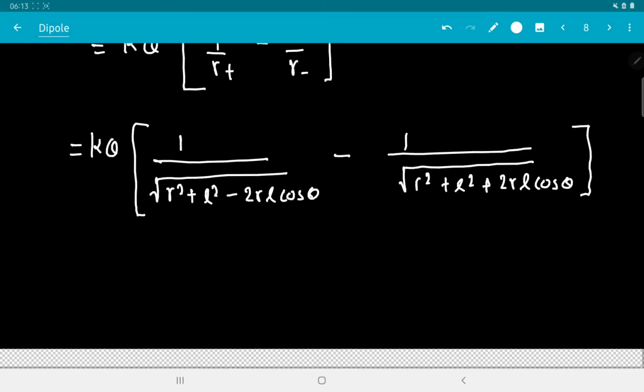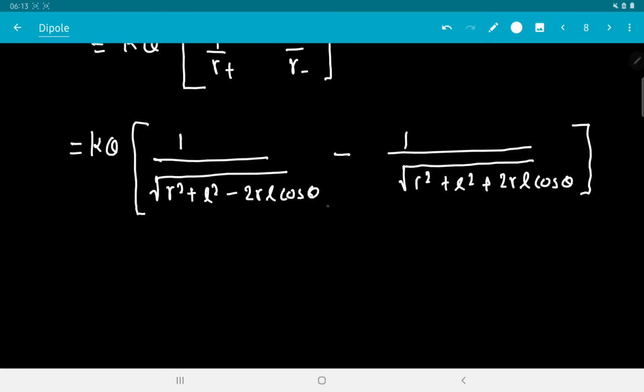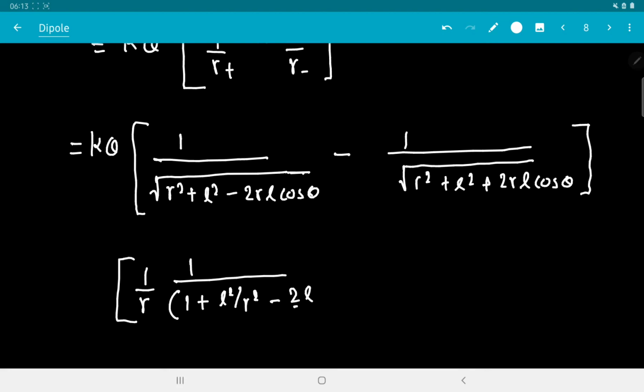Now let us take this r square common from both denominators. If I take r square common, let us write 1 by r square common. The square root and r square will cancel and we will get 1 divided by 1 plus l square by r square minus 2 l by r cos of theta, raised to 1 by 2.